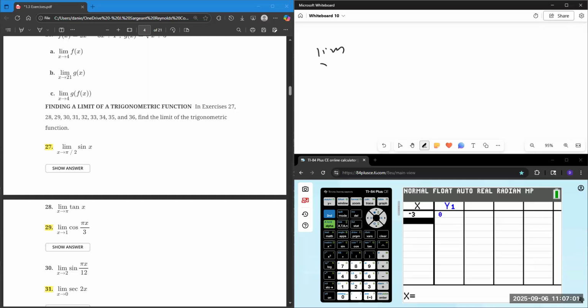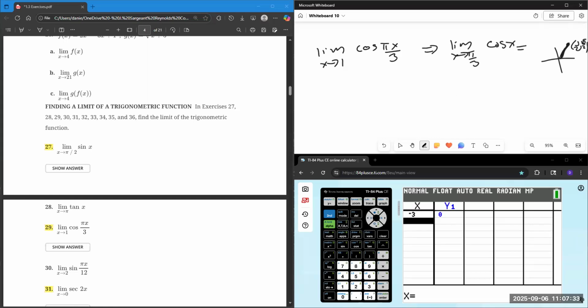Limit as x approaches 1 of cosine pi x over 3. So that's the same thing to me as saying limit as x is approaching pi over 3 of cosine of x, getting close to pi over 3 here. And then this is cosine, so that's root 3 over 2 for sine, and that's 1/2 for cosine.